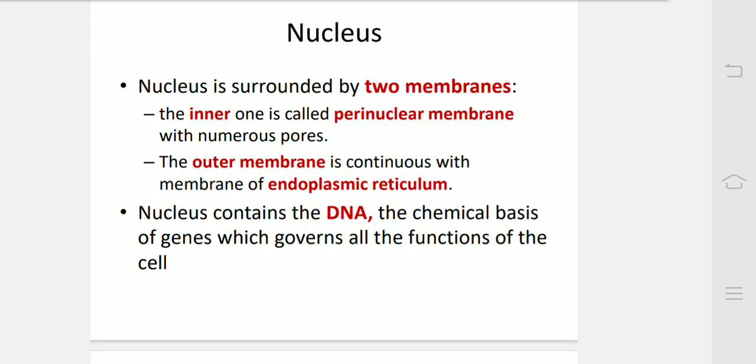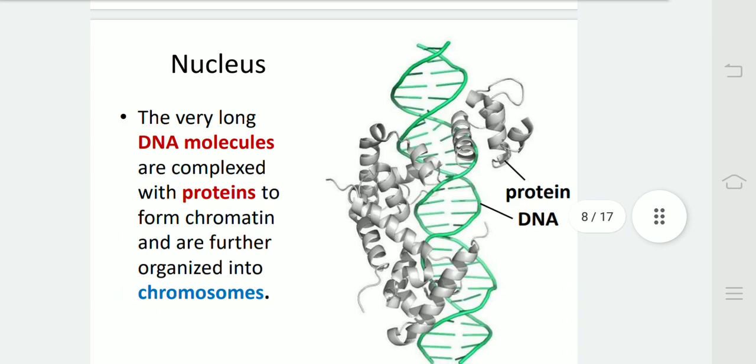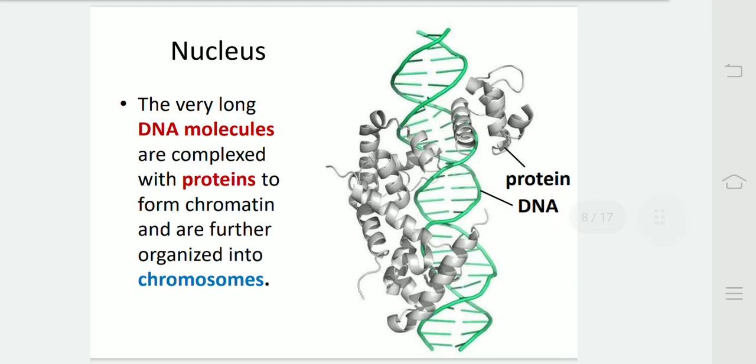The very long DNA molecules are complexed with proteins to form chromatin and are further organized into chromosomes. Here you can see in a diagram that very long DNA molecules complexed with protein are finally organized into chromosomes.